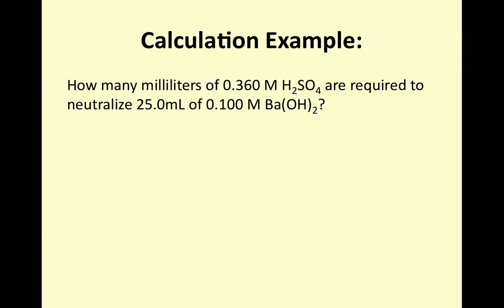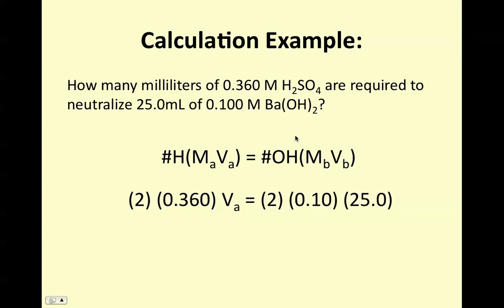So how many milliliters of a 0.360 molar sulfuric acid solution are required to neutralize 25 milliliters of a 0.1 molar barium hydroxide solution? So we start with our formula. We're going to remember to take into account the number of hydrogens and hydroxides each time, even if it's 1. I want you to get into the habit of writing it. But in this case, we have 2 hydrogens and 2 hydroxides.